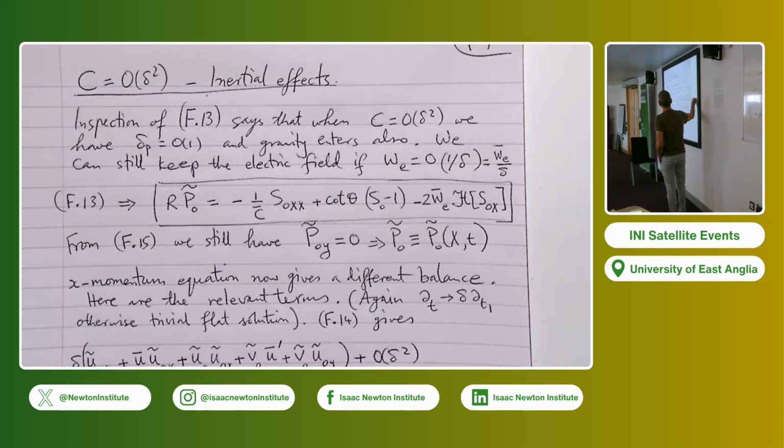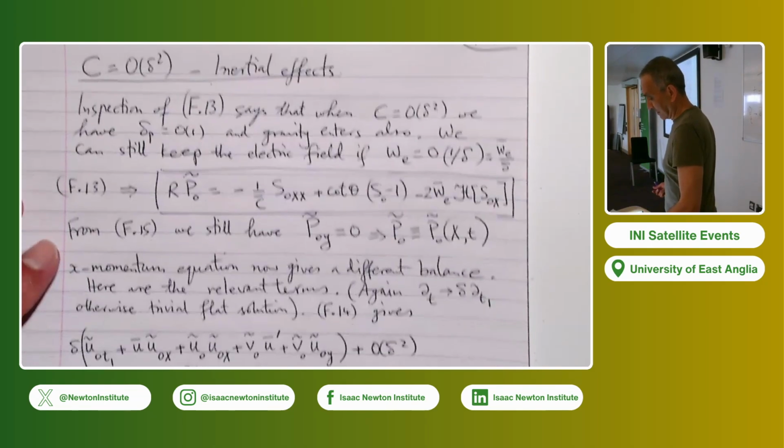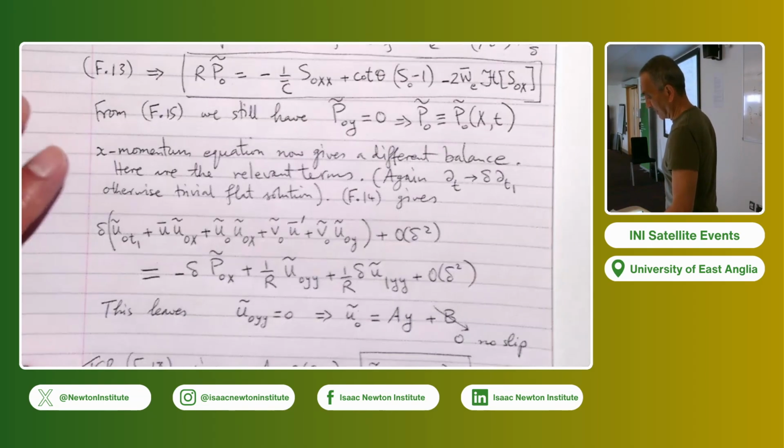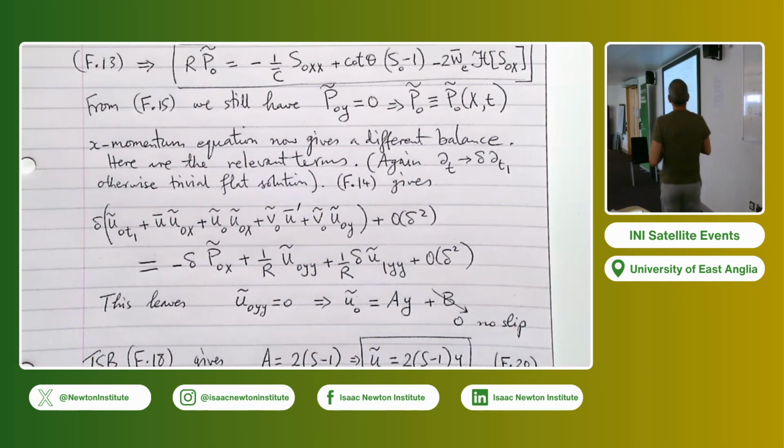So what's new now? Well, this term is the new term, right? I have gravity in there as well, and therefore I will get inertia. Okay, so let's do the same thing as we did before. Again, I'm going to do this slow time scale, and we'll see why I have to do that again.